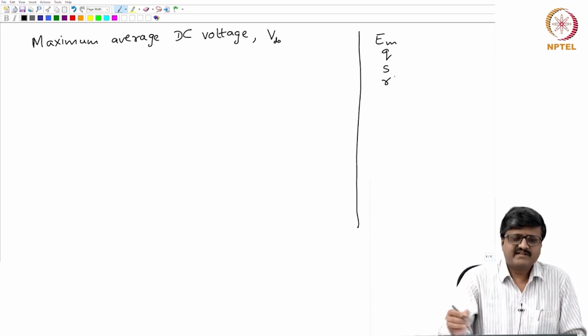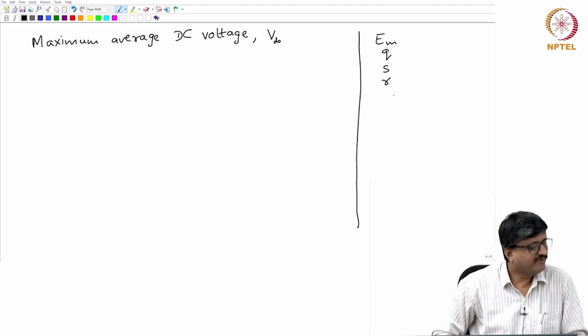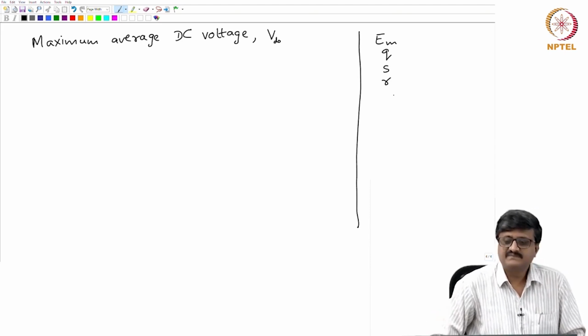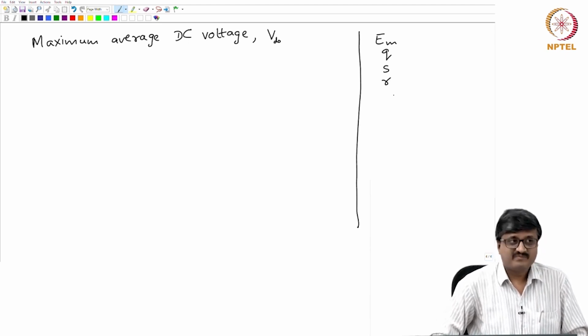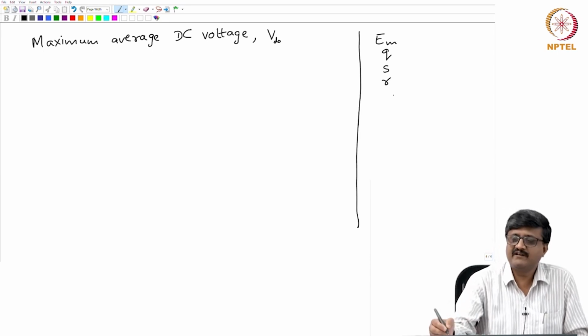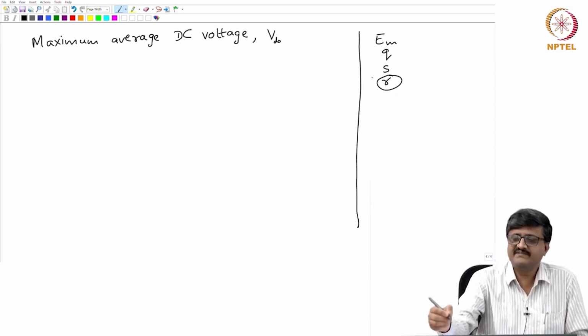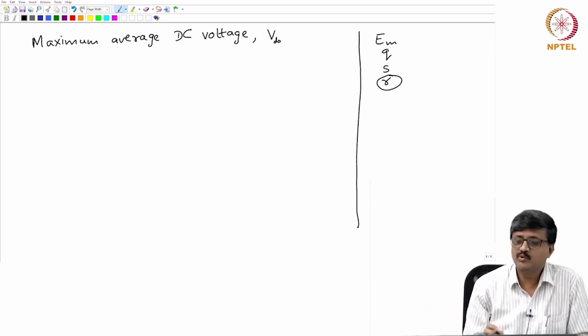Now, does the maximum average DC voltage depend on all these 4 quantities? No. It does not depend upon the parallel path. It is irrespective of the number of parallel paths, so it will not depend on R. So it appears it depends on EM, Q and S.